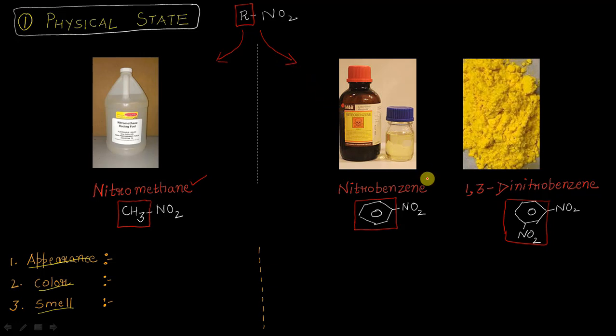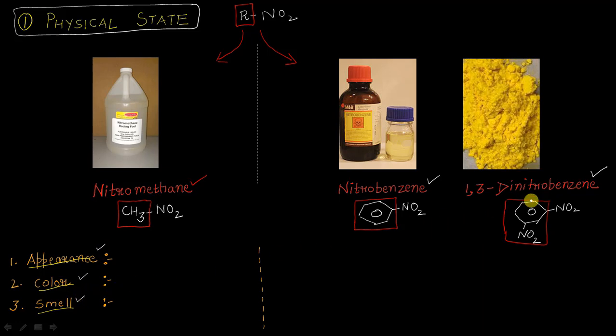And here you can see I have taken two examples for such compounds. The first one is nitrobenzene and the second one is 1,3-dinitrobenzene.